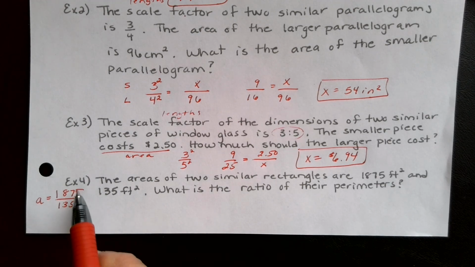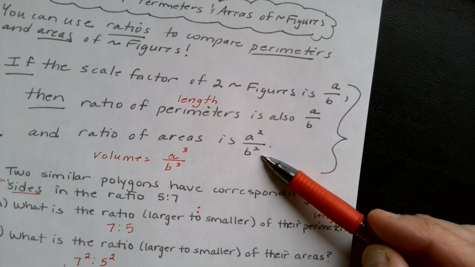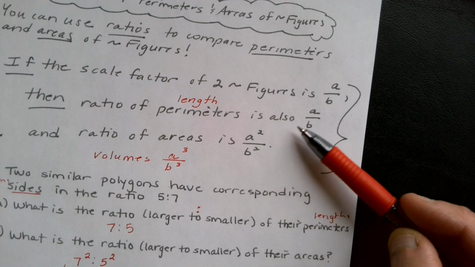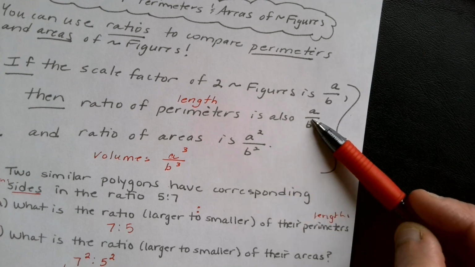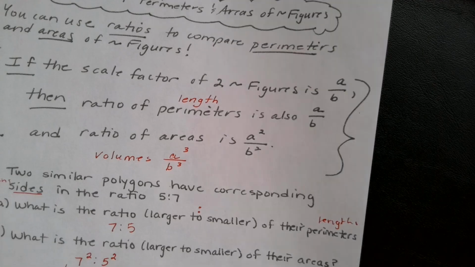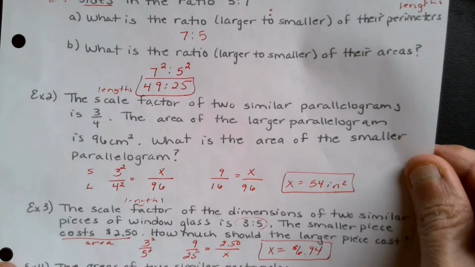So if this is the areas, and we said the ratio of areas was a squared over b squared, and we want the ratio of their perimeters, what are we going to need to do? That's right. I'm assuming you're all answering me. Take the square root of both sides.